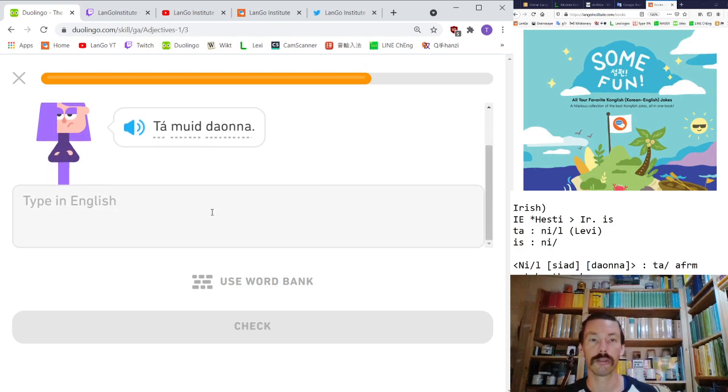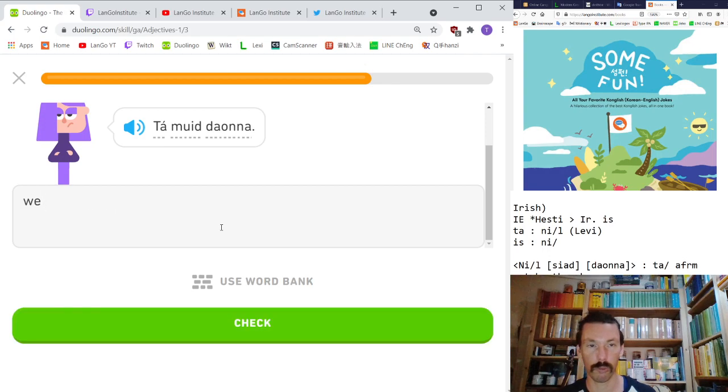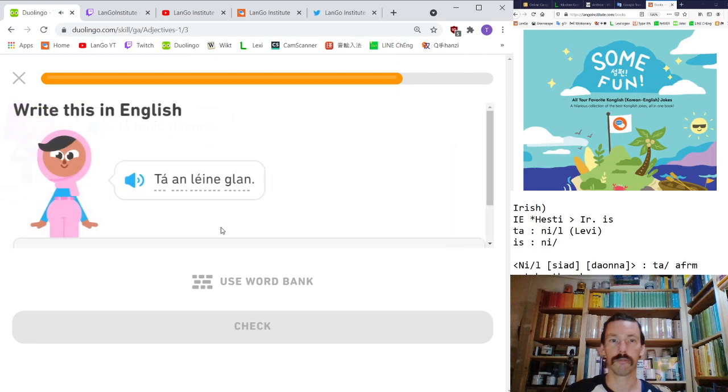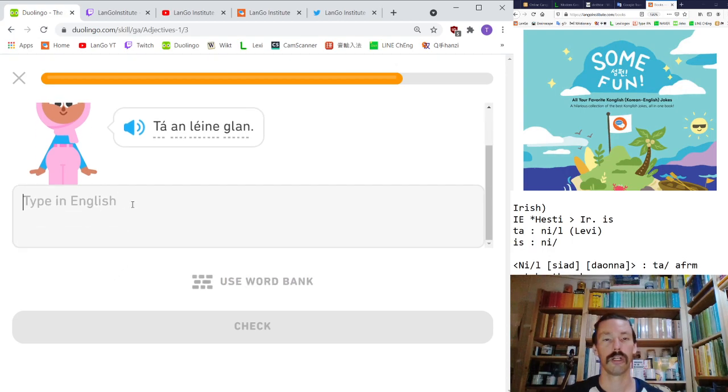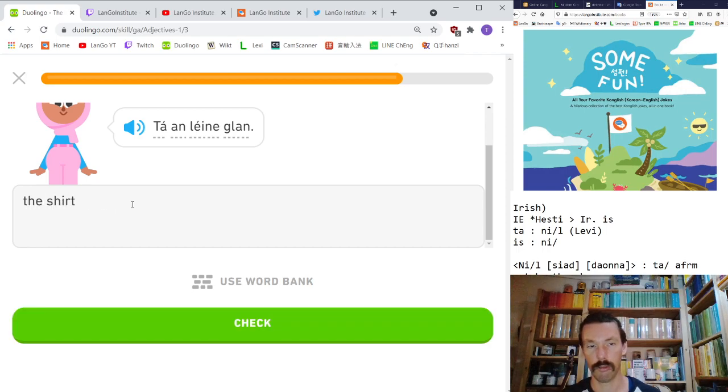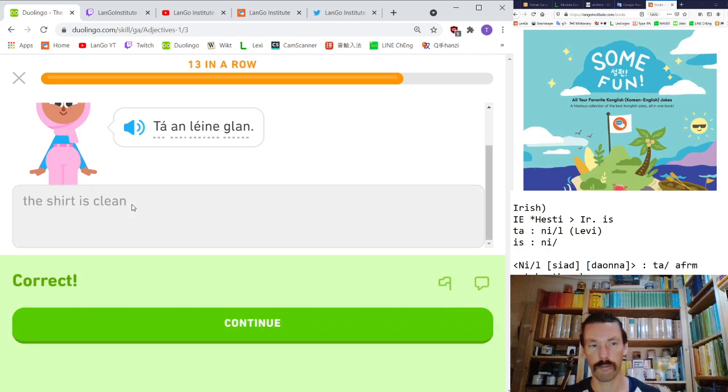It's not is. We are human. Muid is the pronoun, subject. We. Ta, are. Daonna. Tá an léine glan. Subject is the shirt. An léine. Ta with glan together mean is clean.